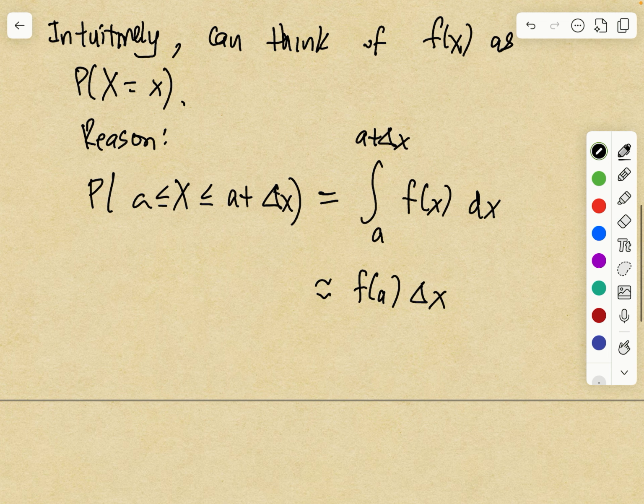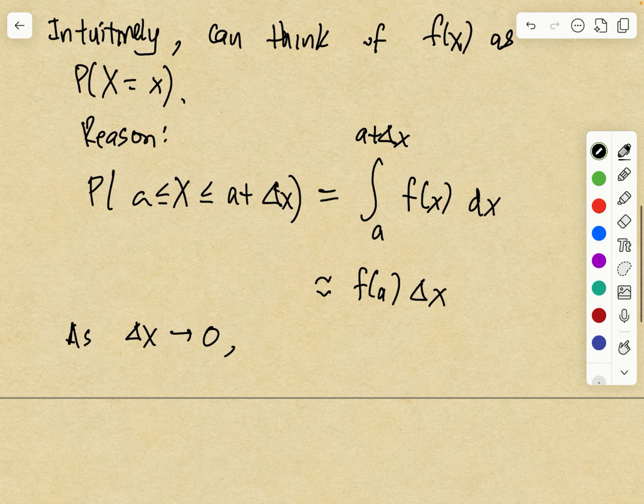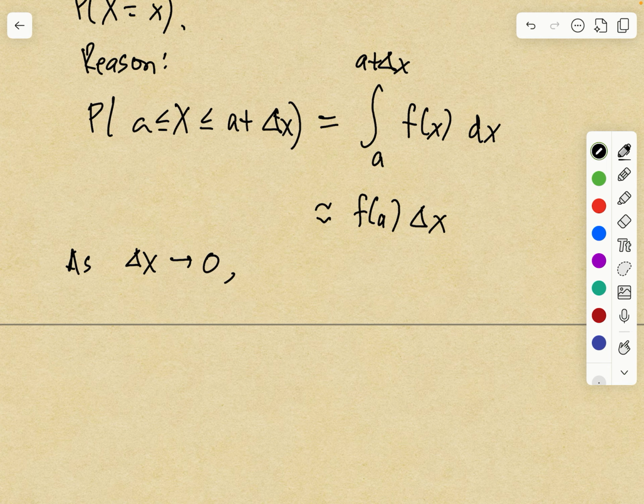And now, what happens as delta x approaches 0? Well, you get the probability that x is a on the left, and then you get 0 on the right.